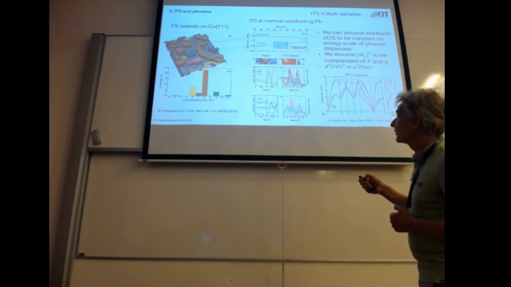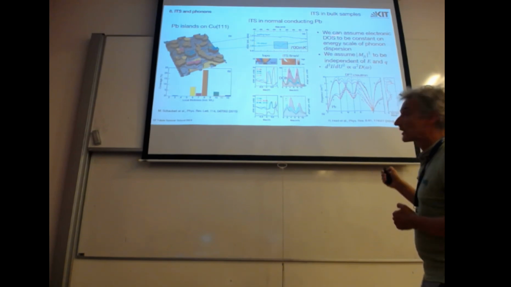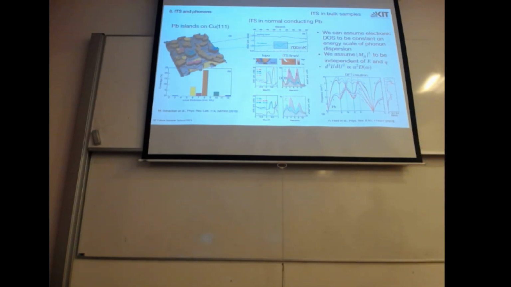If you place your tip on one of these islands, you see something like a V-shaped thing there. This was seen before by other authors, but it was never really interpreted correctly because the measurements were done at too high temperatures.